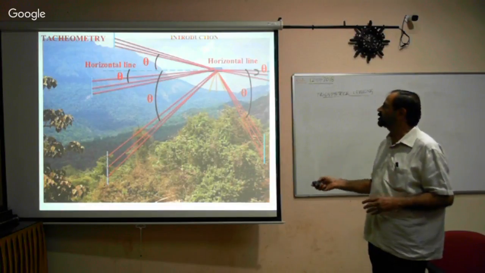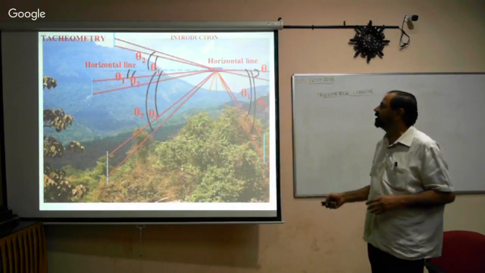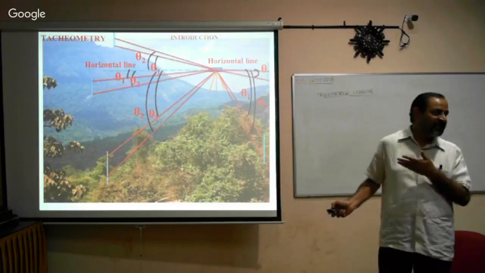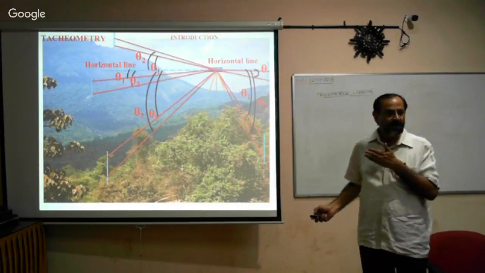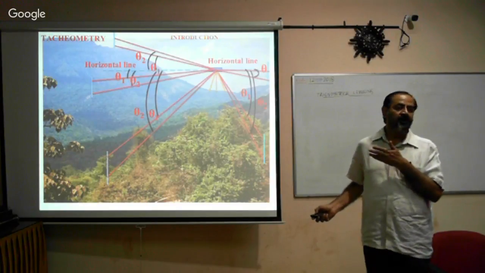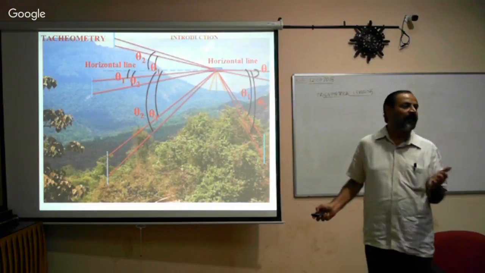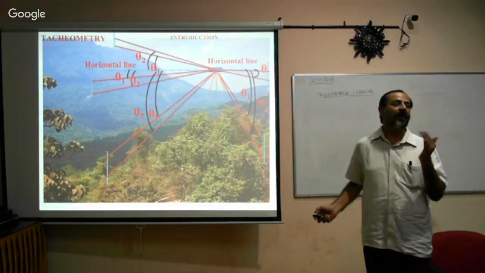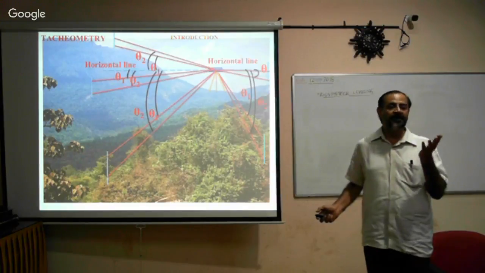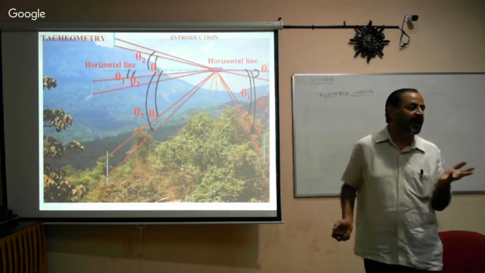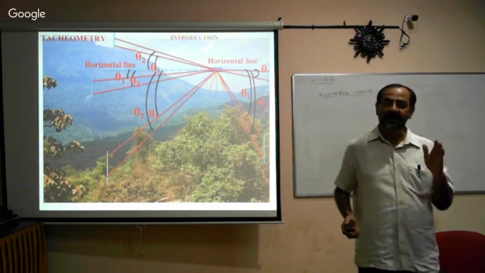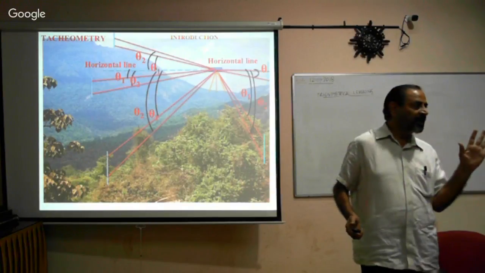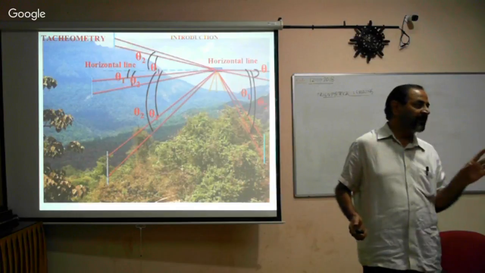I will show you one more slide. Can you understand this? This is the same problem, same location. This is also a tacheometric method. Sometimes the instrument is not fitted with the stadia diaphragm.